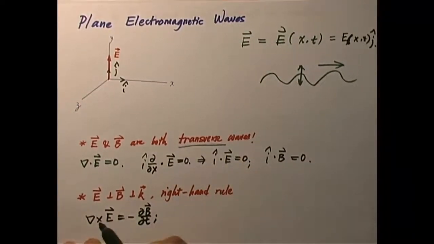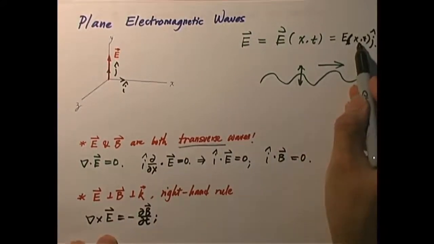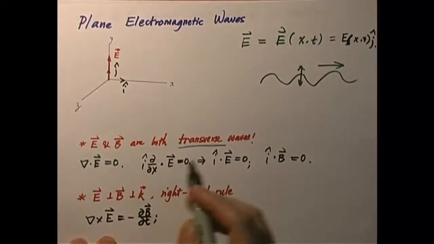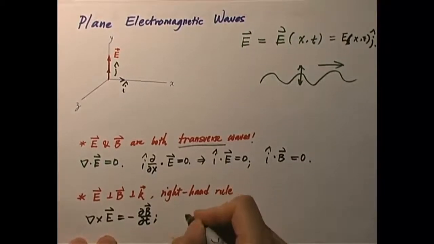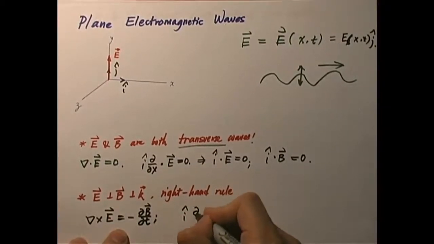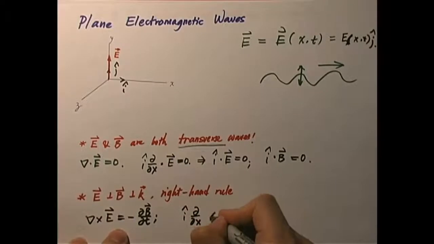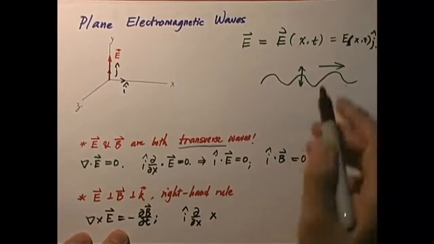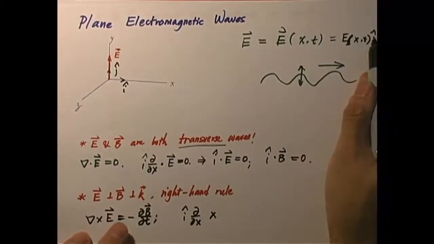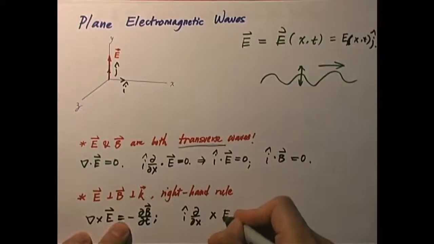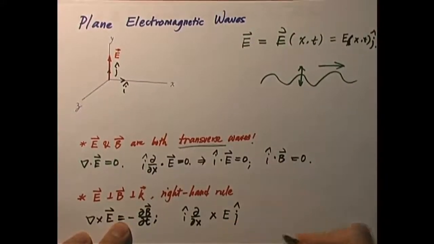Now, gradient cross E. E depends only on x, not on y and z. So when you take the gradient operator, again, you only have to retain I partial x. Then cross E. E is only in the j direction, which is written as E j.